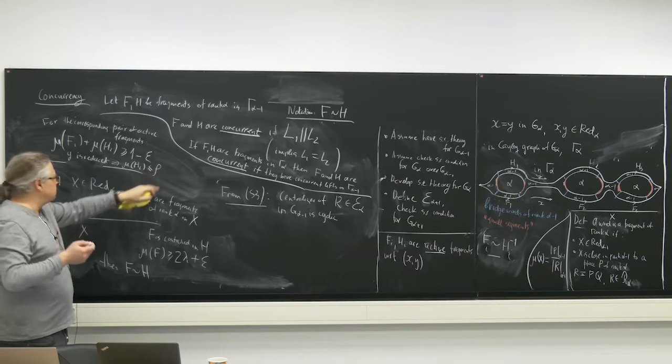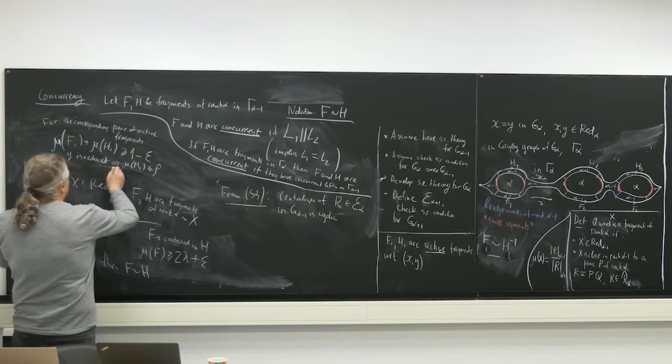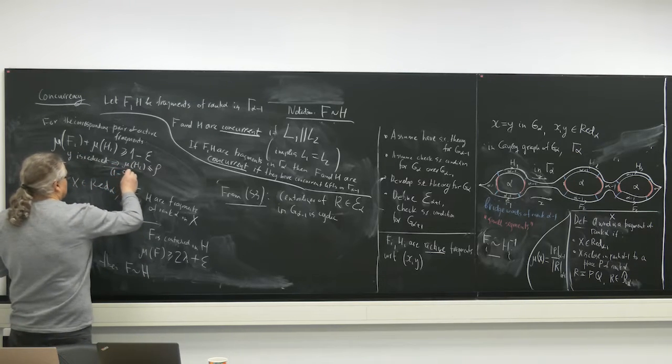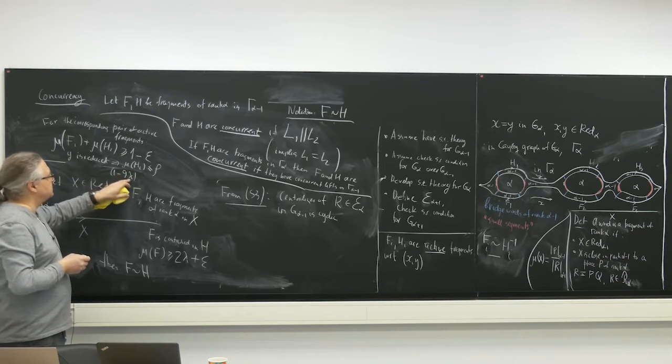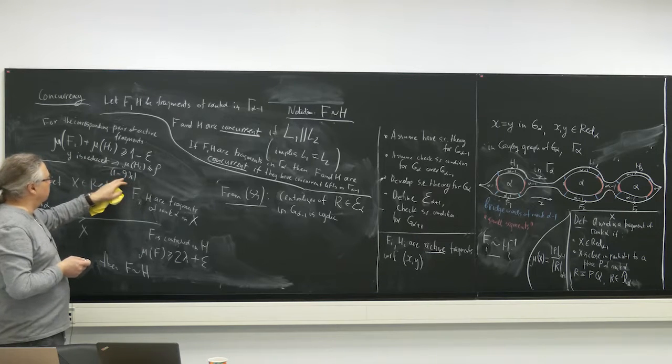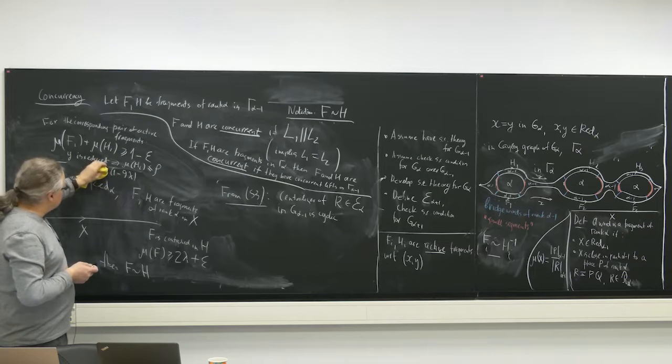I take for rho the value 1 minus 9 lambda. This is a fixed value, but it's not so important. The point is that it's between 1/2 and 1.